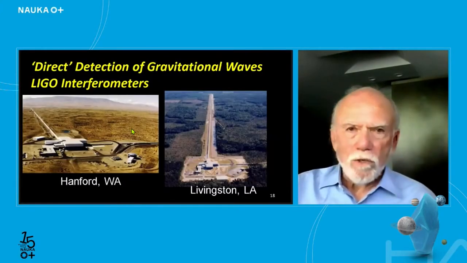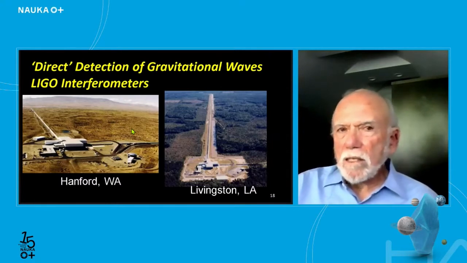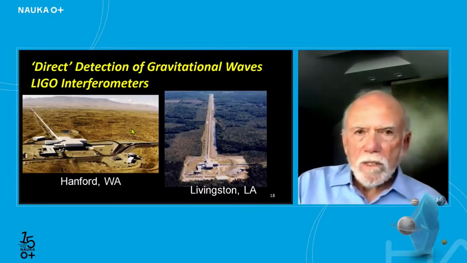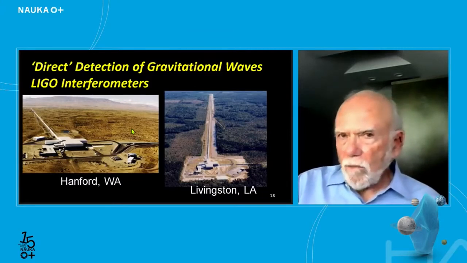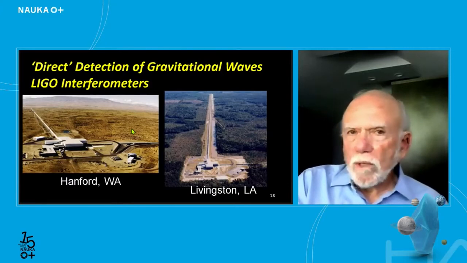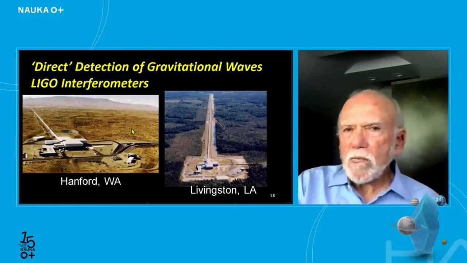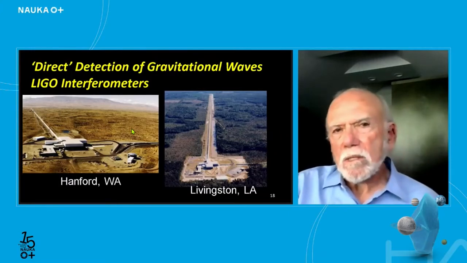This is just a picture of the detectors themselves. Hanford, Washington is high desert, and this lives in the high desert of Hanford, Washington. And the second one is in Livingston, Louisiana, which is a big forest with pine trees. They look quite different in the pictures here, but the apparatus is identical down to every piece of electronics.